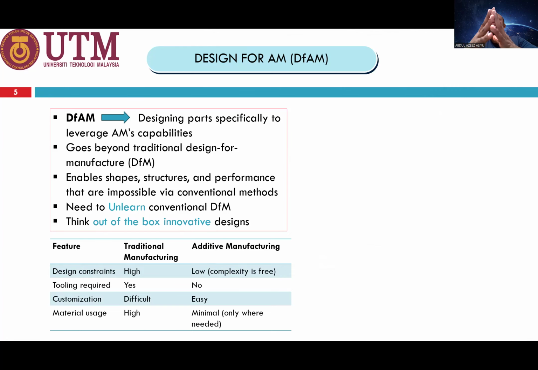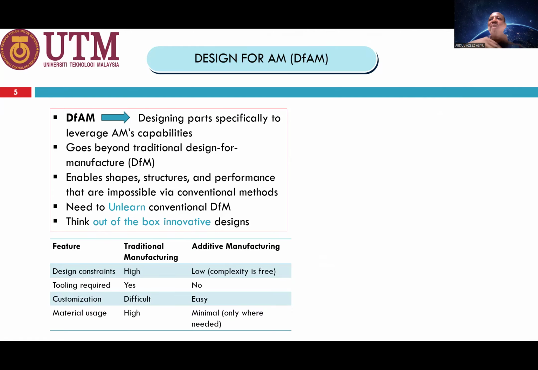Rather, it is designed to help in realizing components that are difficult to produce using conventional methods, that are so complex, which cannot be realized using conventional methods. So that's the main purpose of additive manufacturing. And this cannot be done without design, definitely.